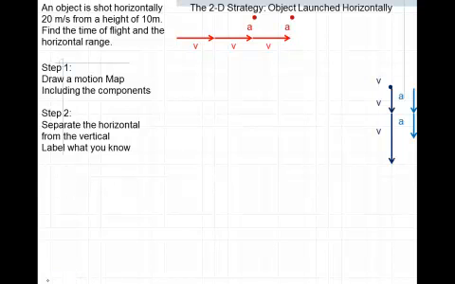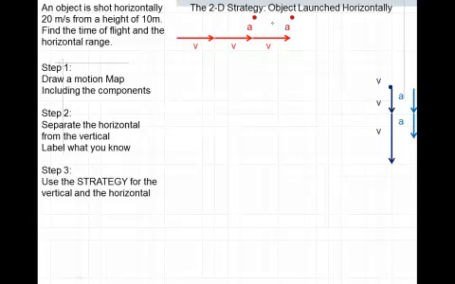When we label what we know, we'll find that the acceleration is equal to 0 in the horizontal. The velocities we know. We know that in the horizontal, the object's moving 20 meters per second, so it's always moving 20 meters per second in the horizontal.